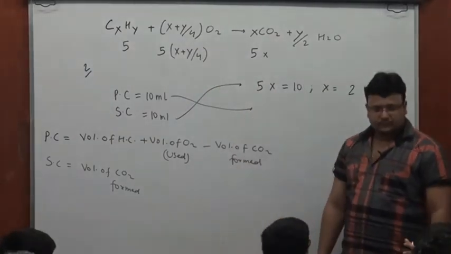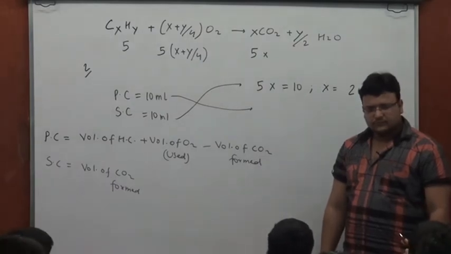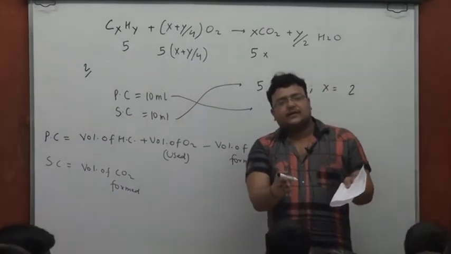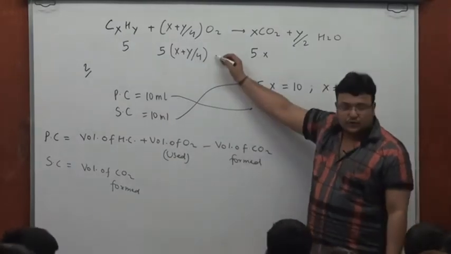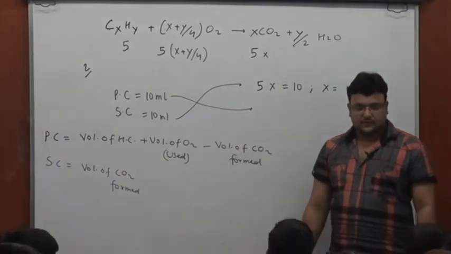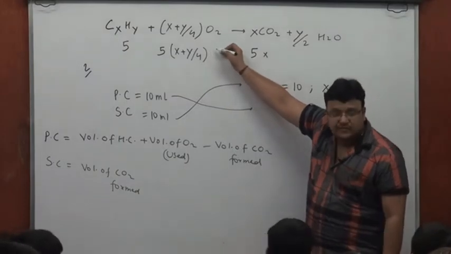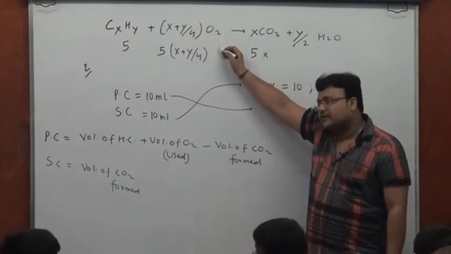Sir, we got x equal to 2, 5 into (x plus y/4) is equal to 30 is given, so... I told you, can't talk like this. This is the oxygen used and 30 ml of oxygen is what you start with. This is oxygen used. The rest will be left. This is oxygen used, not taken.